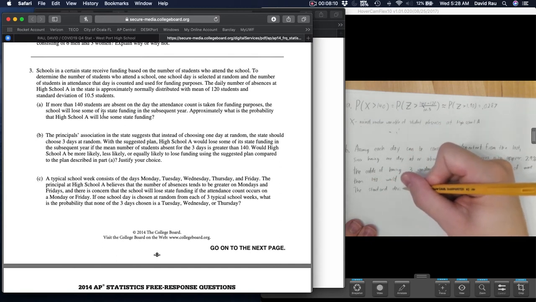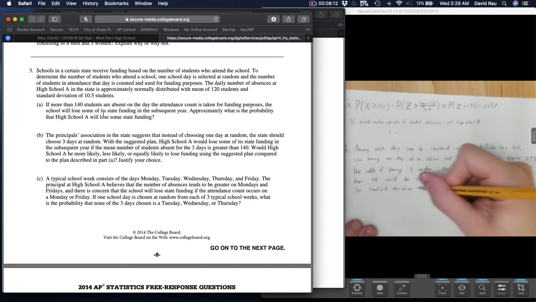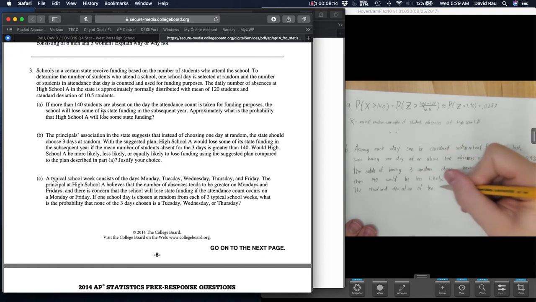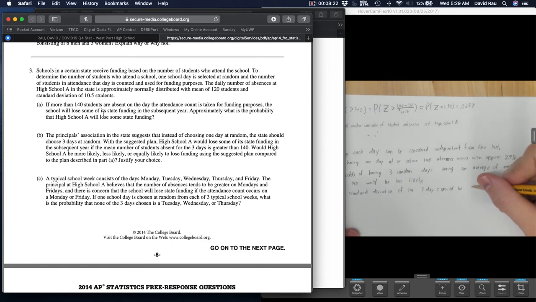Okay, well, we can also say this. The standard deviation of 3 days would be, and this is because I'm considering them to be independent, the 10.3 divided by the root of its sample size, 3, which is approximately 5.94, or approximately 5.95.